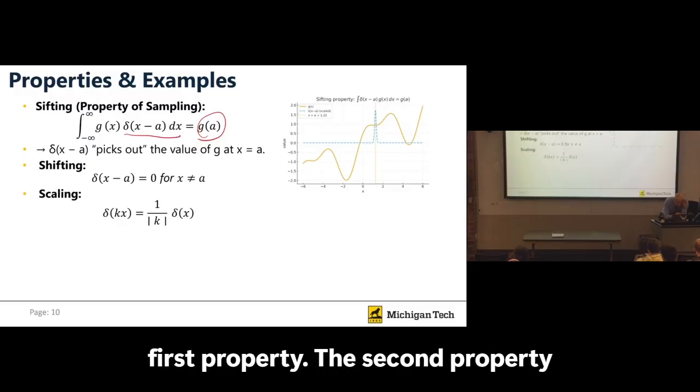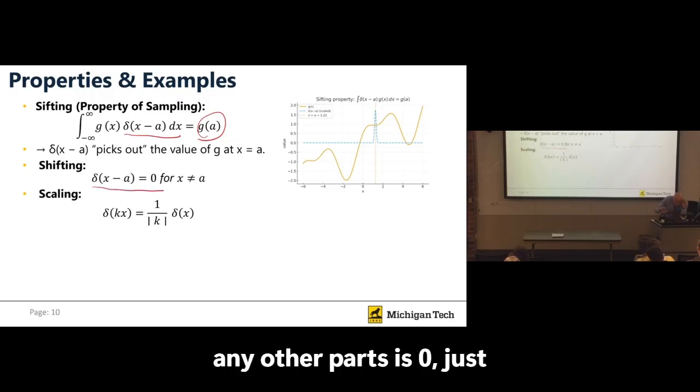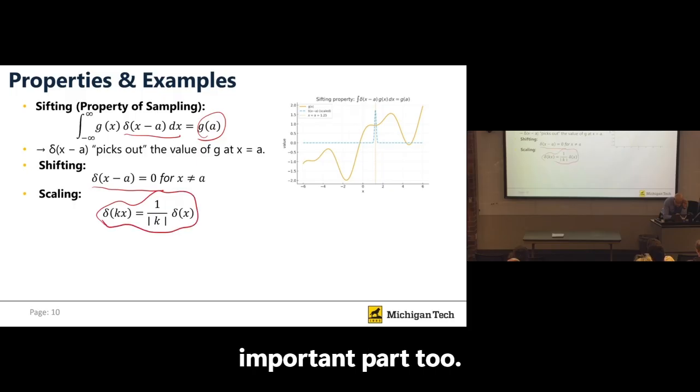The second property is, of course, that the delta function in any other place is 0, and just at a it is infinity, okay? So this is a very important part too. If we scale x, delta of kx scales inversely, like reversely.